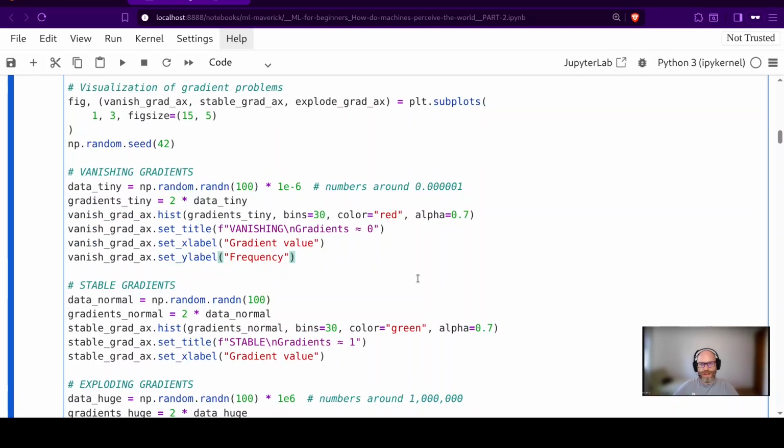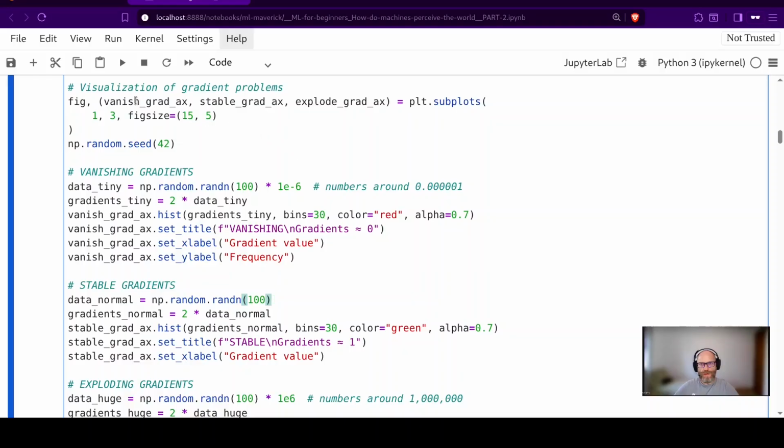Each plot will be constructed in the same way: a histogram with title, X label, Y label, containing gradients with tiny data, normal data, and huge data.